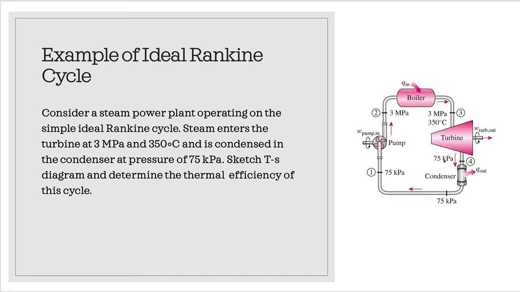In the turbine there is an expansion process that causes the turbine to produce W dot out, and the pressure reduces to 75 kilopascal as well as the temperature. Then the fluid enters the condenser. In the condenser, there is constant pressure heat rejection before it enters the pump again in liquid phase. So how do we sketch the TS diagram?